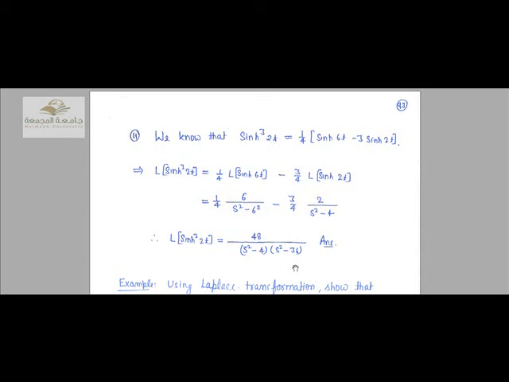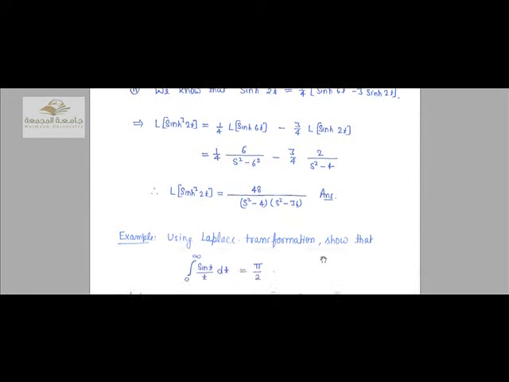This is equal to 1 by 4 into 6 over s square minus 6 square, minus 3 by 4 into 2 by s square minus 4. Therefore, L of sine hyperbolic cube 2t is equal to 48 by s square minus 4 into s square minus 36. This will be the required answer.